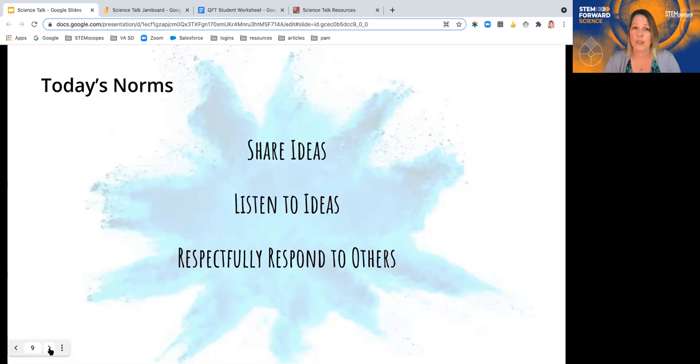Which brings us to that third norm, which we find really important, which is how we respectfully respond to others. There are ways that we can respond to others in a positive way, or maybe in a way that challenges what's being said to us, but we want to make sure that we're doing that in a respectful way.